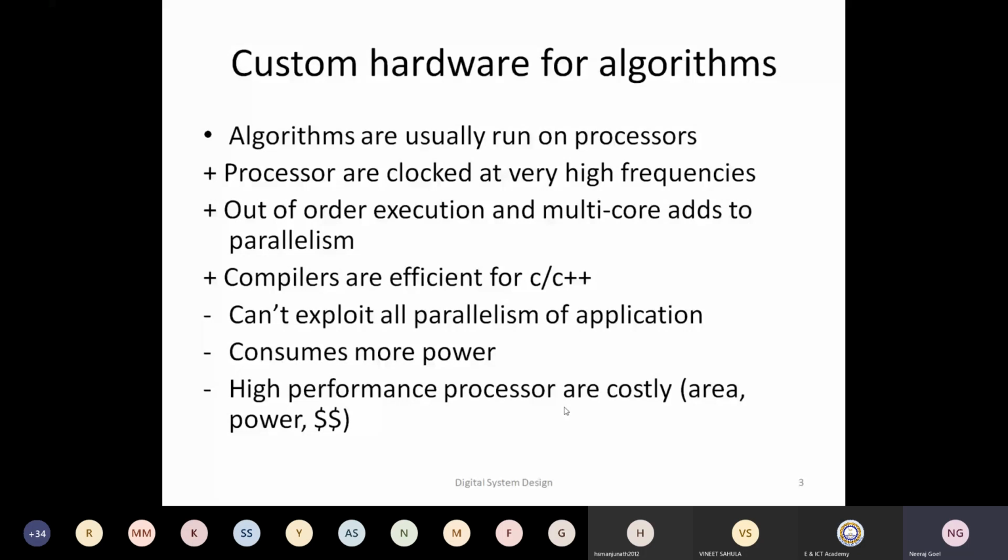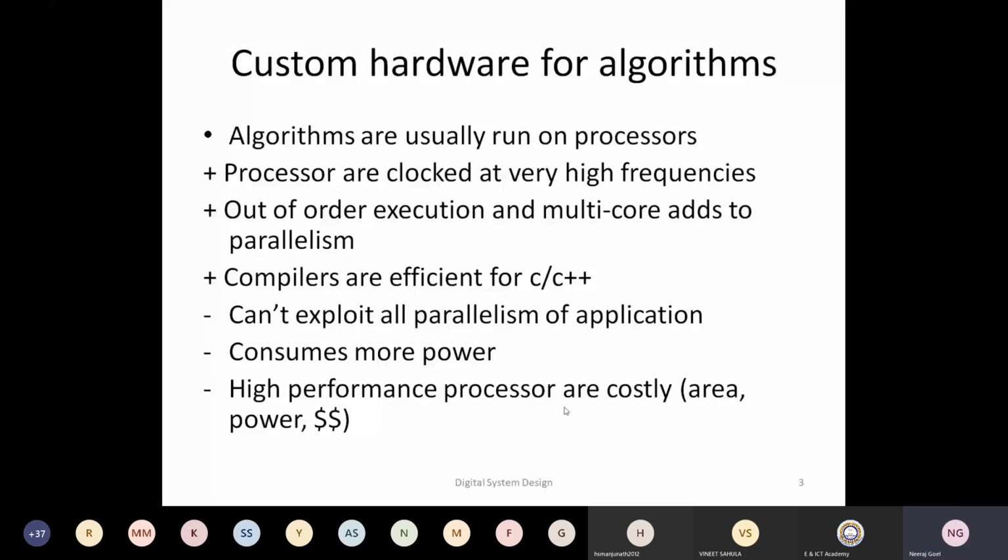Any application we make programmable can run on processors, so any application we can write. And after research of some 40-50 years in processing, we now have processors clocked at very high frequency, which means they're decently fast.